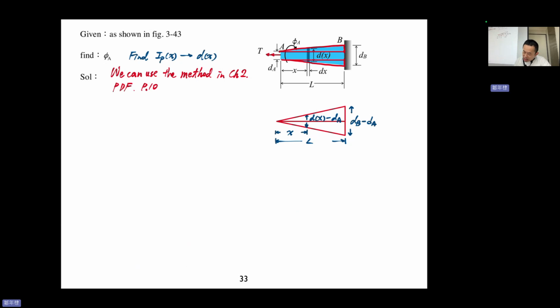And so dx becomes dx minus dA, dB becomes dB minus dA.